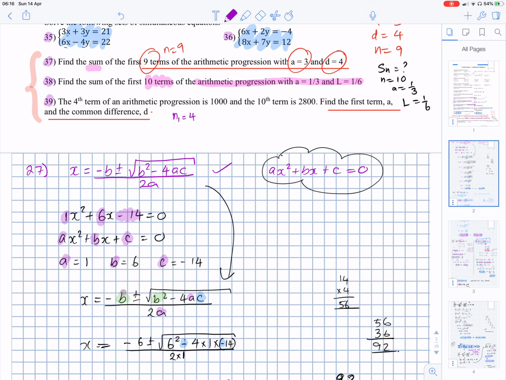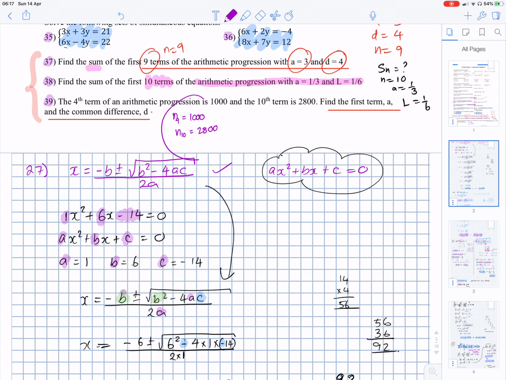Actually it's not n1 but n4. So n4 equals 1000, the fourth term of an arithmetic progression, and the 10th term, n10, equals 2800. Find the first term and the common difference.